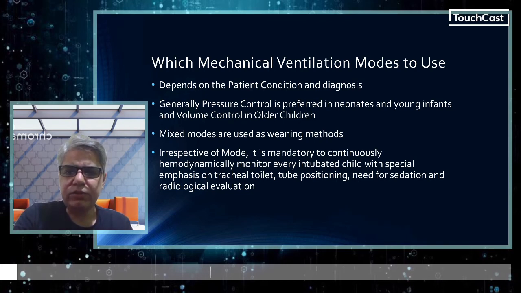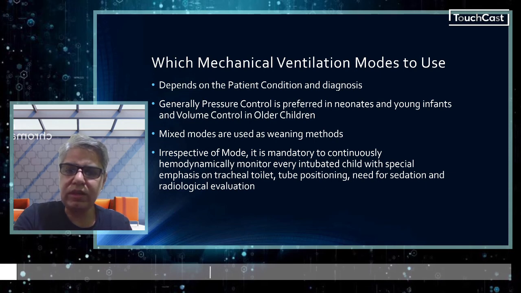But remember, irrespective of the mode, it is mandatory, it is very important that you continuously monitor every intubated child in terms of their hemodynamic parameters, because they can go either way. Because you are taking over the physiology of the child, it's very important you are looking at all the blood parameters.